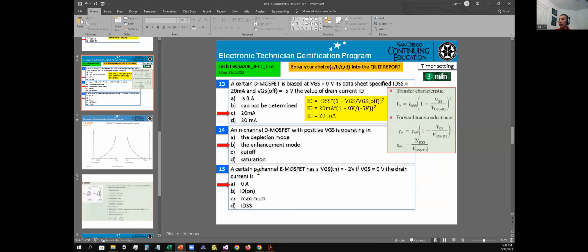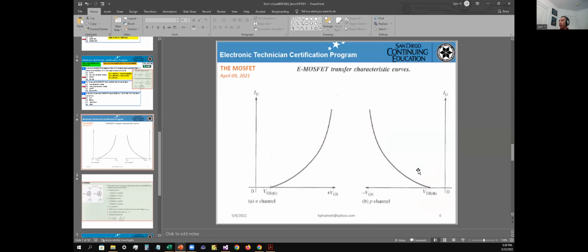Number 15, a certain P channel E MOSFET has a VGS TH equals -2 volt. If VGS equals 0 volt, the drain current is 0 amps. This represents your E MOSFET transfer characteristic, for the P channel.